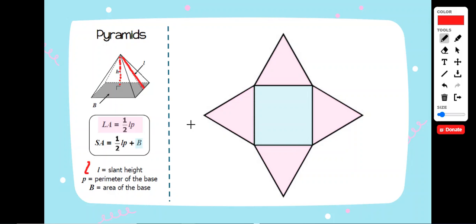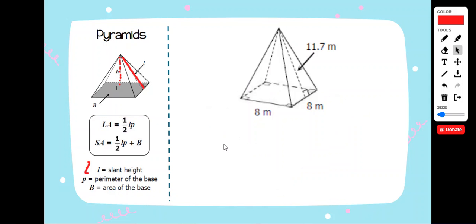Which makes sense because it's the height of the slant, right? So you're going to be multiplying the slant height times the perimeter of the base, which is essentially the base of each of the triangles, times the height of the triangles, to give you all of the lateral area plus the area of the base. All right, let's take a look at this bad boy.